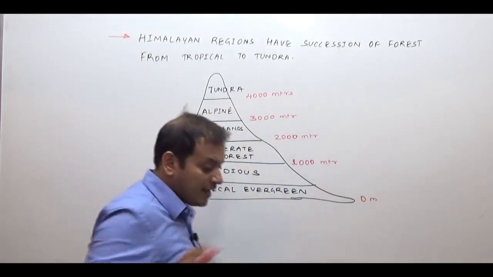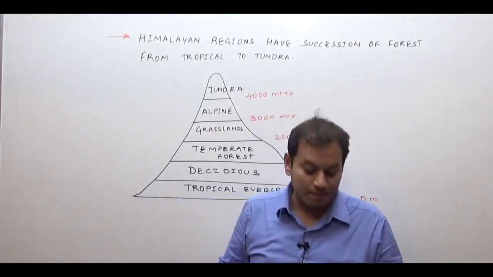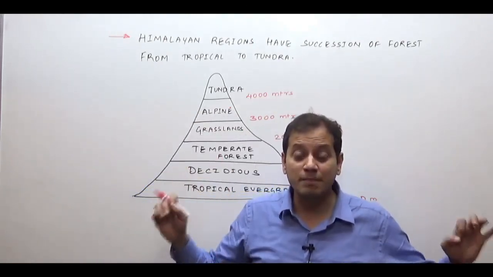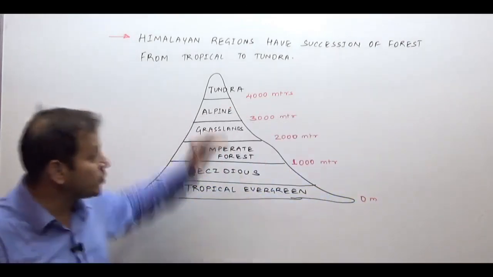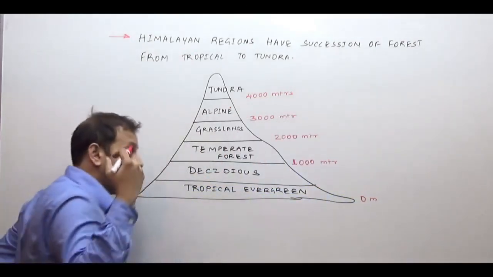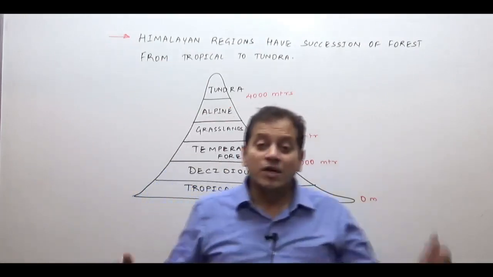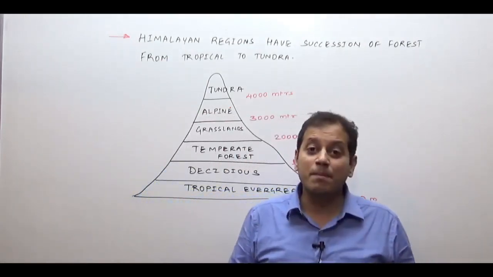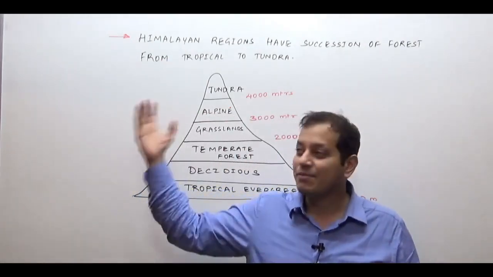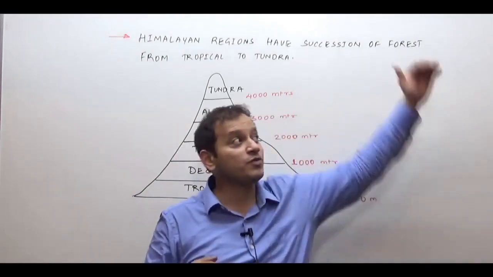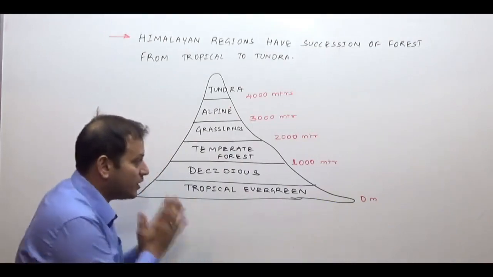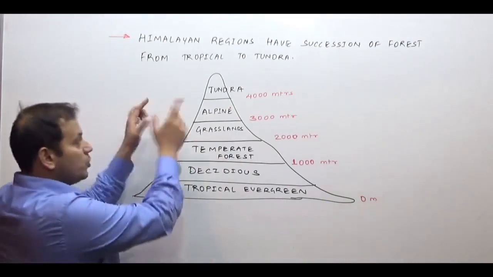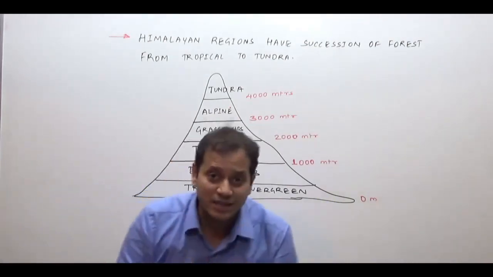And in the mighty peaks of the Himalayas, we have the tundra forest. That is, the very high peaks, like Mount Everest or Kanchenjunga, where there is perennial snow, you have tundra forest. That is the forest which is found in the polar regions of the world. So the Himalayan regions show a succession from tropical to tundra forest. This is a generalized statement.